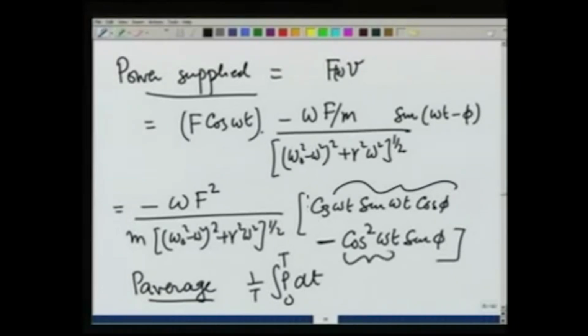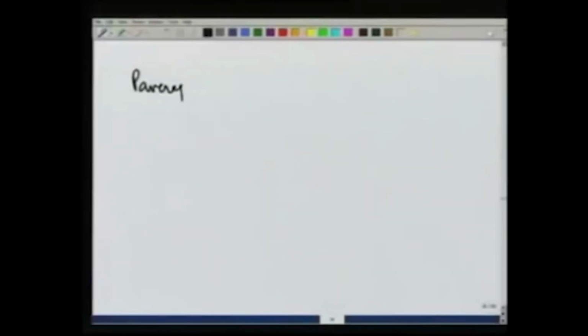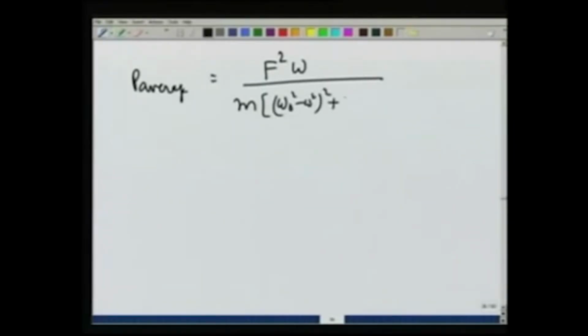Cosine square omega t integrated over a cycle is going to give me 1/2, and this minus sign takes care of the other minus sign, and therefore average power supplied is going to come out to be f square omega over m, over omega naught square minus omega square plus gamma square omega square raised to 1/2, times sine of phi.